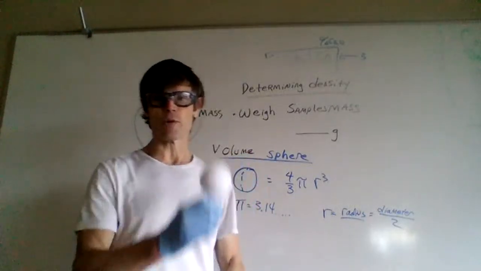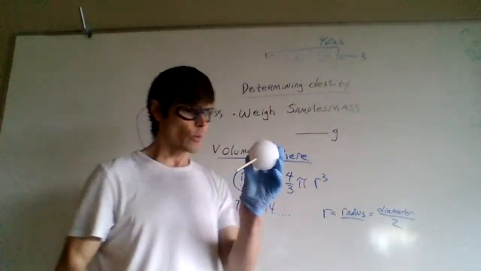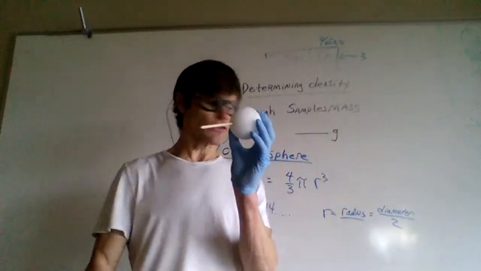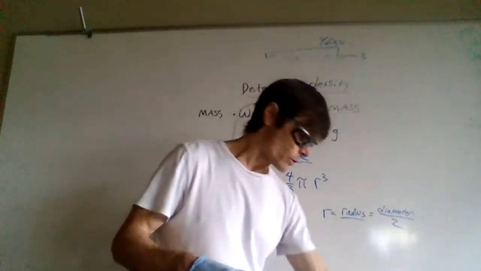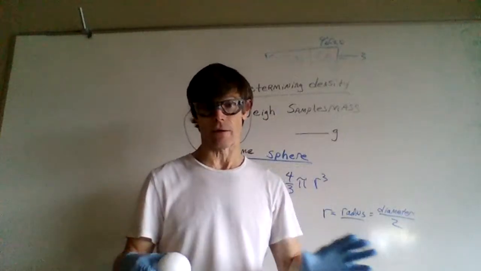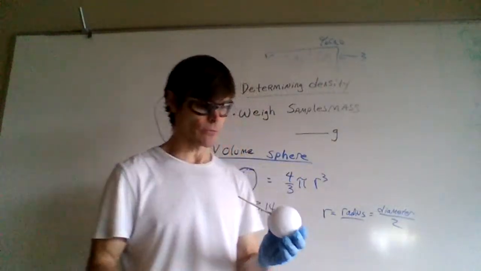I'm going to determine the density of the styrofoam. I looked up the density of styrofoam, and what I found is it's somewhere around 0.045. So I want to see how close we can get to that experimental value.